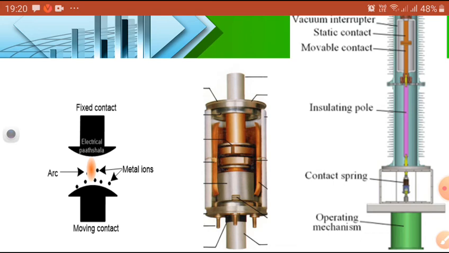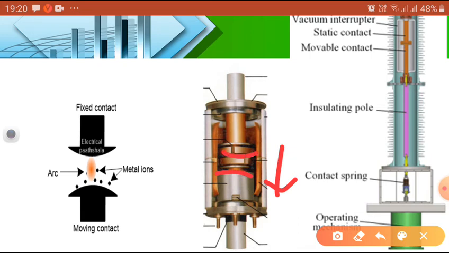Due to the excessive heating, the metal ions start vaporizing from the contact surface. Due to the high temperature, vaporizing takes place and converts the solid form to the gaseous form.